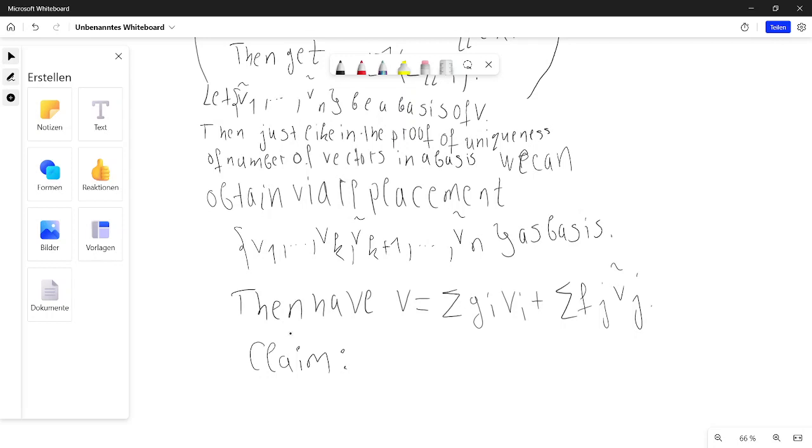Right. We claim d tilde j is an element of the span of L minus 1 W1 to L minus 1 WL.